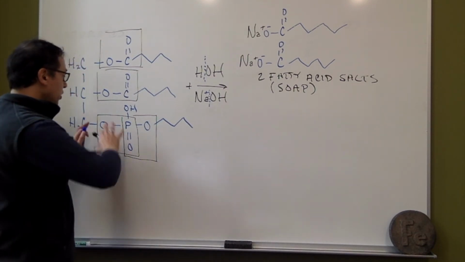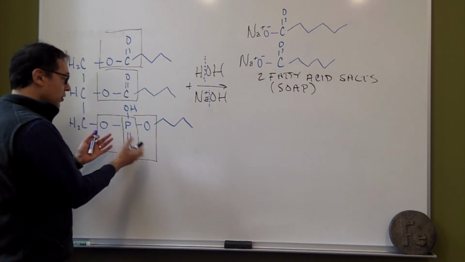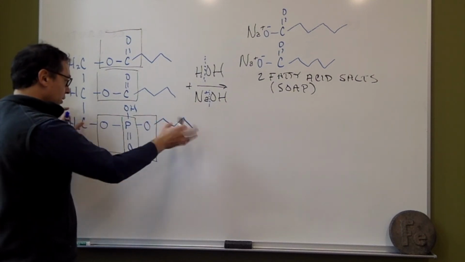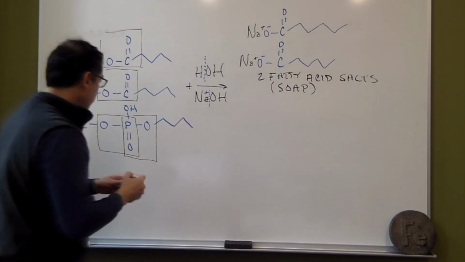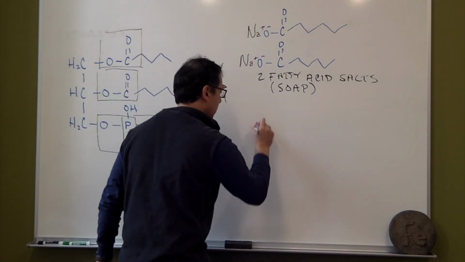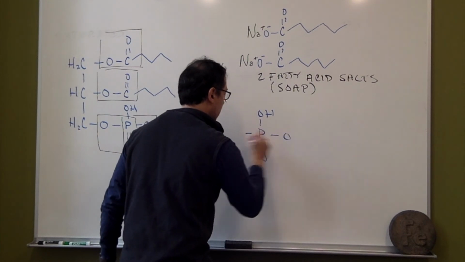We're going to take this phosphate diester here and pull apart the linkages. So I'm going to put in my phosphate here: double bond O, like that.